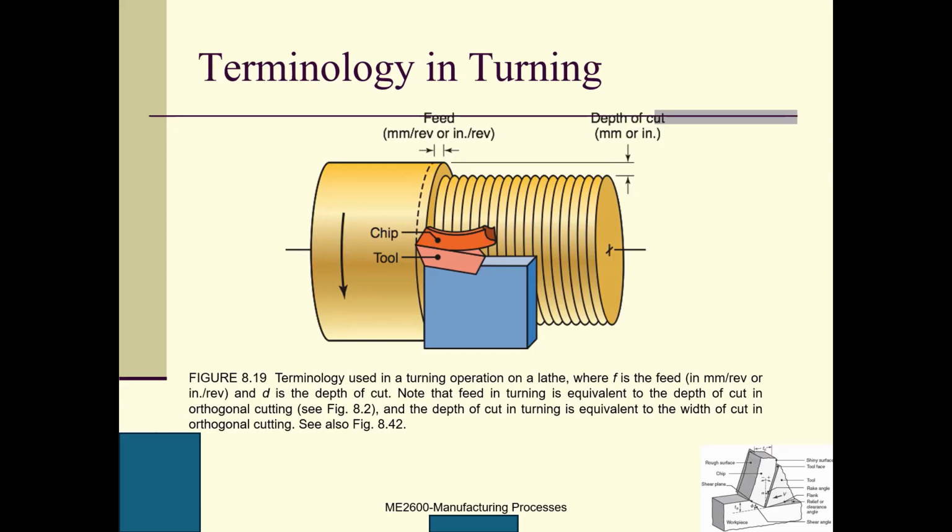Question: is it not orthogonal if the tool is to the side? Here, this is orthogonal. But if the tool was to the side of the material, no, it's not orthogonal, as long as the tool's width is bigger than the thickness of the wall. The only way to have orthogonal cutting is if, in one pass, the tool takes off the entire surface layer.